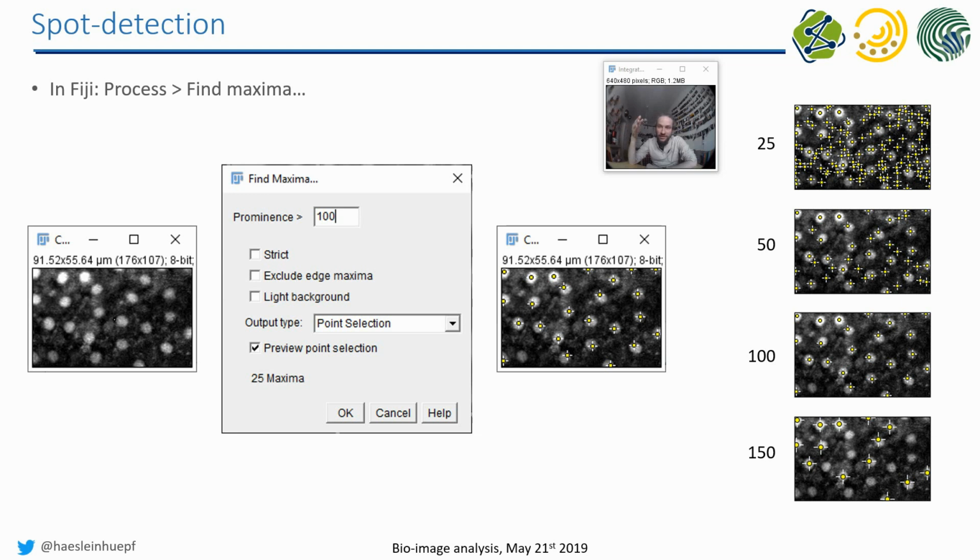Blind yourself, then you can find out these parameters, because then you are objective. You do not know what is the mutant and what is the control. And ensure that these values work for a variety of images, not just from control and not just from mutant. And most importantly, do not set different prominence or threshold values for different conditions. That's actually quite decisive.